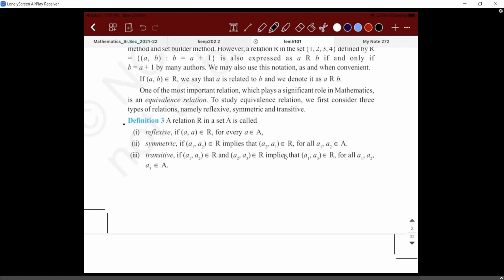Is there anyone having difficulty with this? You're comfortable, right? Those who are online, are you able to understand? Shubham, Hamsini, and Arvind? Yes, sir. Okay, please take down notes.